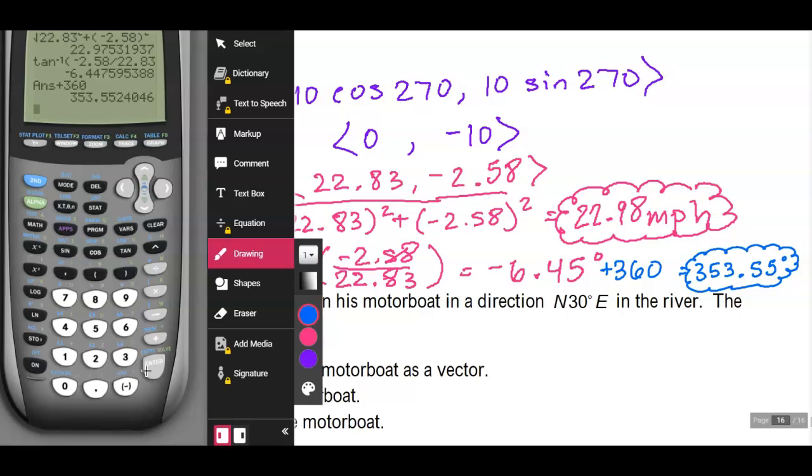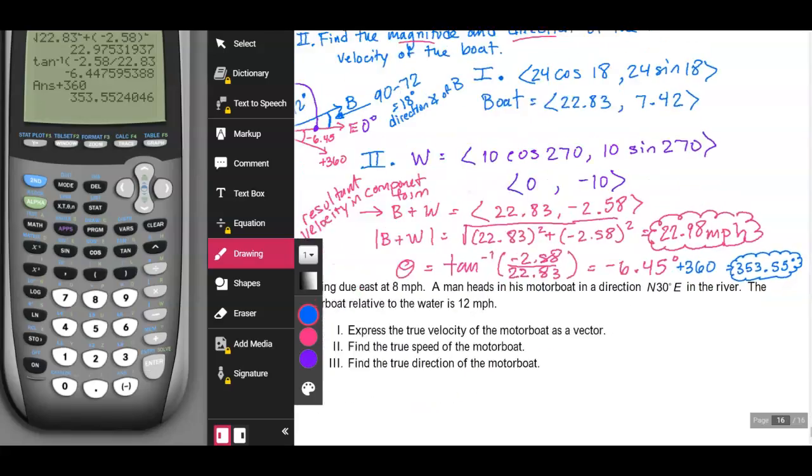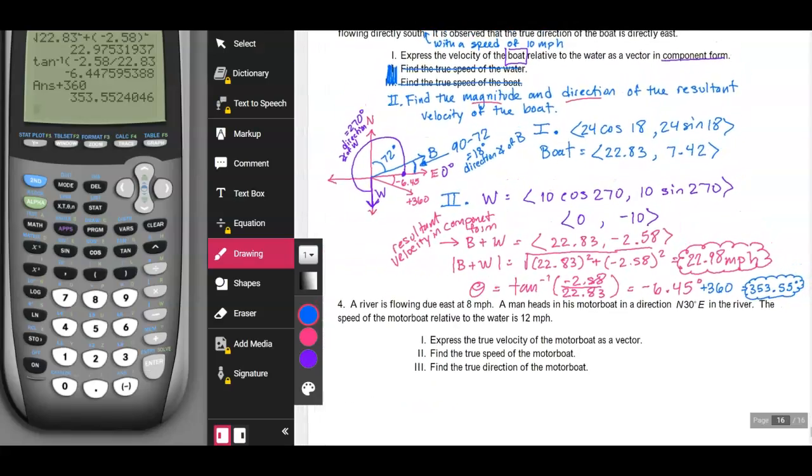And you're done. That is the magnitude of the resultant velocity, and that is the direction angle of the resultant velocity. Any questions on this problem?